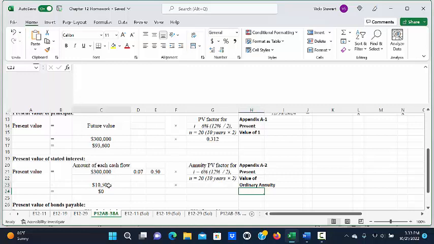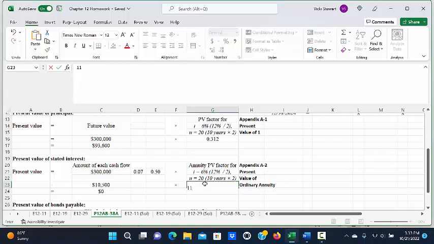So the first interest payment date, if the bonds are sold on January 1st, would be on June 30th at the end of 6 months. So when we go to this table and we find where I equals 6 and N equals 20, where that row and that column intersect, we find the present value factor of 11.470.